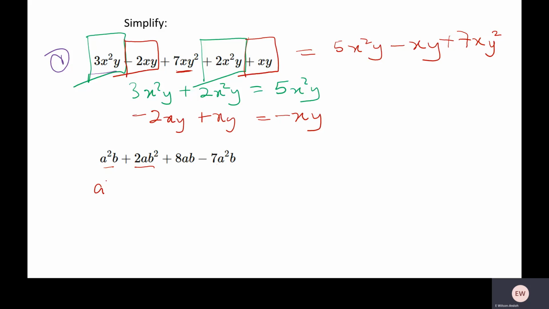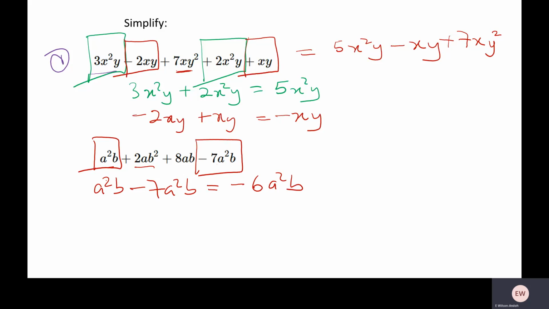So these two are like terms. So we are going to have a squared b minus 7a squared b, and this will give us minus 6a squared b. This is the same as the coefficient 1 minus 7, which is minus 6. So we'll have minus 6a squared b.